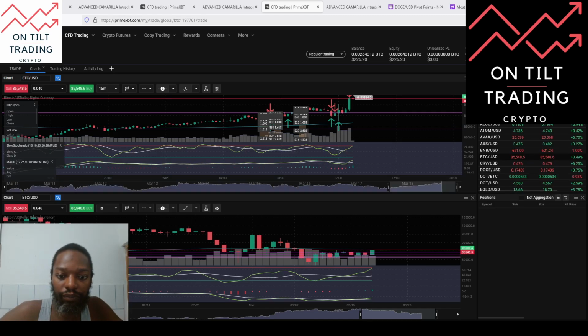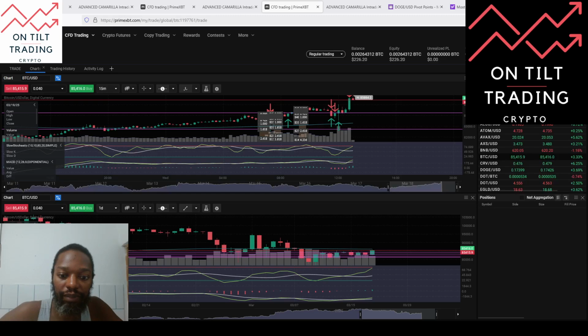Going back about a week and a half, what do we have? 1, 2, 3, 4, 5, 6, 7, 8. Eight days ago, if you bring your attention to this bullish candle right here, you can see the slow stochastic, the slow K, is in an oversold condition.